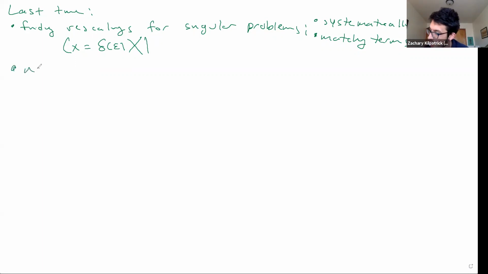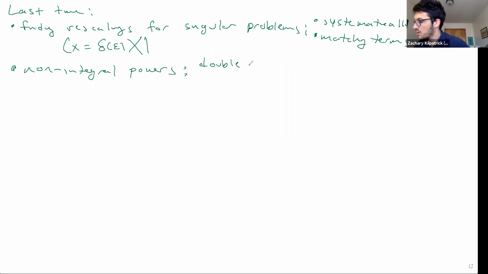For non-integral powers, we talked about identifying features of the problem that might clue you in to the non-integral power that you might have to use, okay?